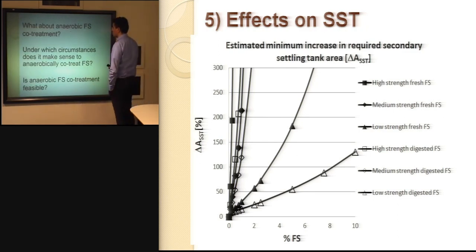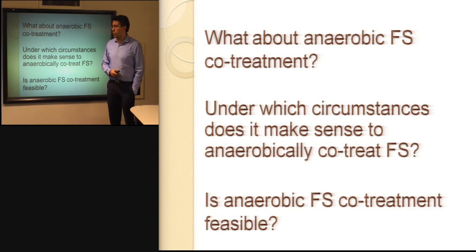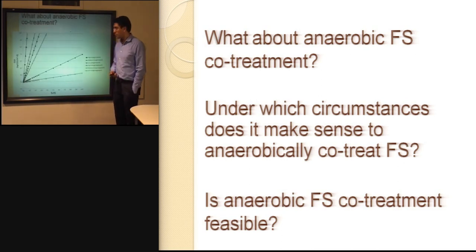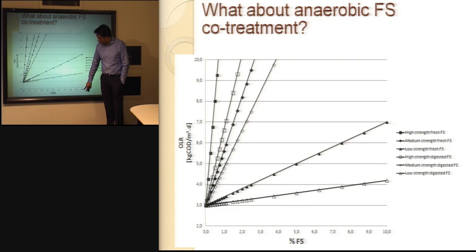And you can ask, what about anaerobic treatment of fecal sludge? What about treating it anaerobically? Under which circumstances does it make sense? Is it suitable? Similar to aerobic treatment, we can also assess the effects of the discharge of fecal sludge on the plant.